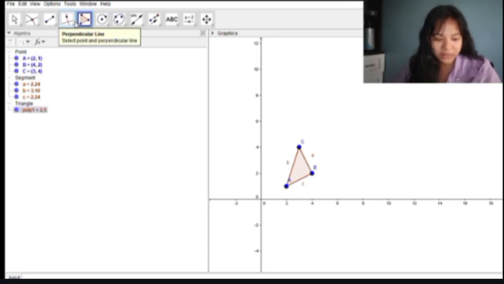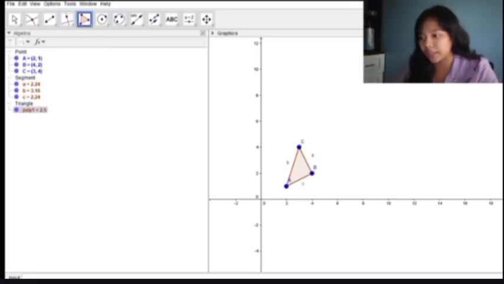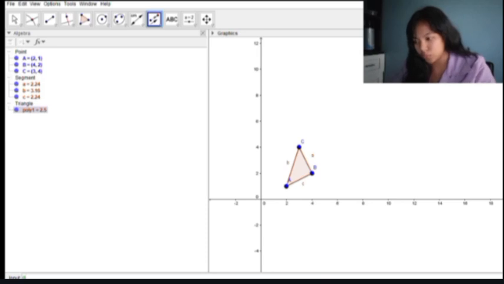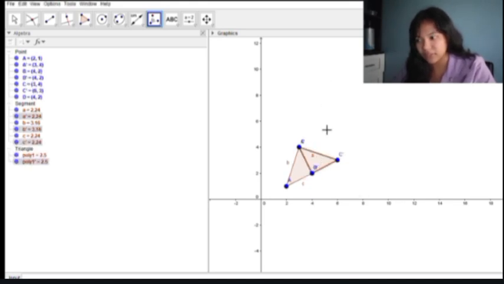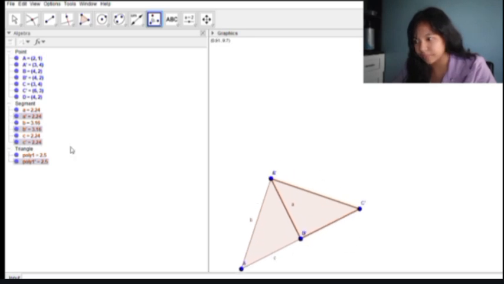Rotate the triangle 90 degrees clockwise. So we can rotate it around a point. (4, 2) would be our point. 90 degrees clockwise. So, okay. See? So this is our new image. So these are the new coordinates: A prime, B prime, and C prime.